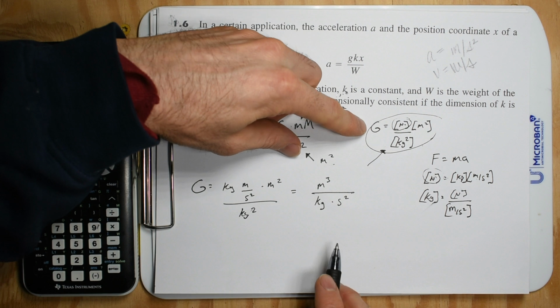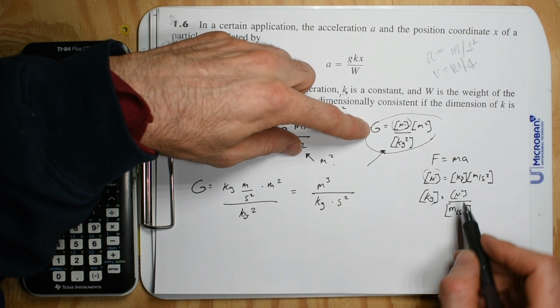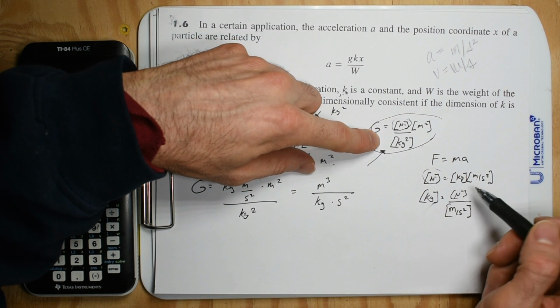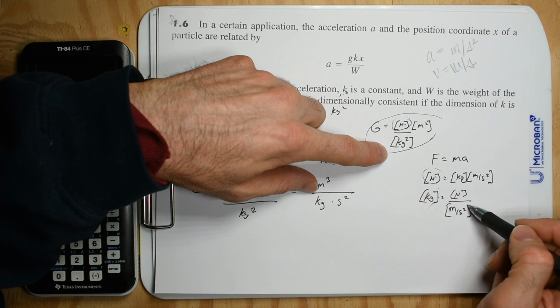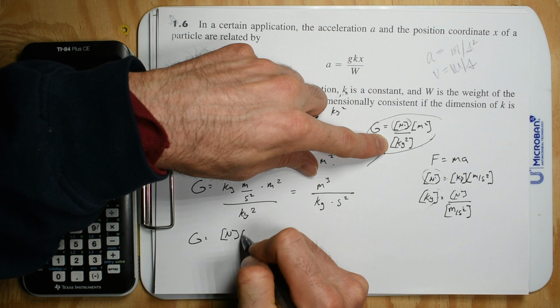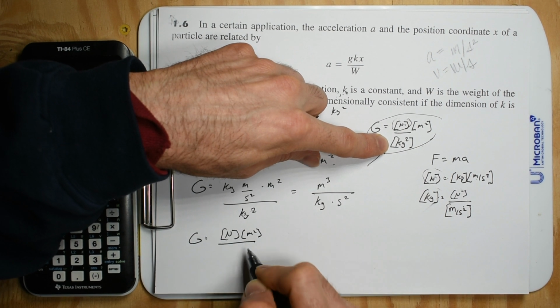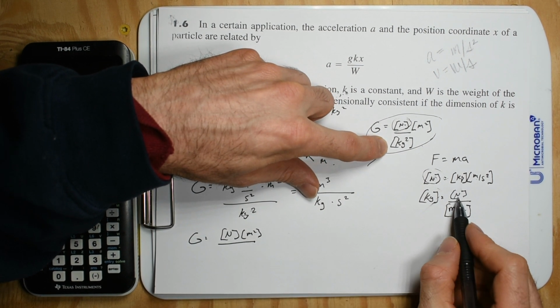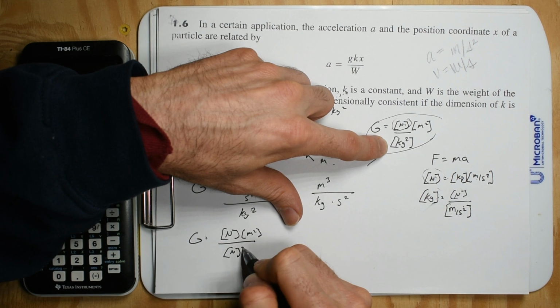We did it. Now let's do it by throwing in this for kilograms. So you're going to have G, newtons, keep the newtons upstairs, meters squared. And now we're going to throw in newtons squared downstairs.